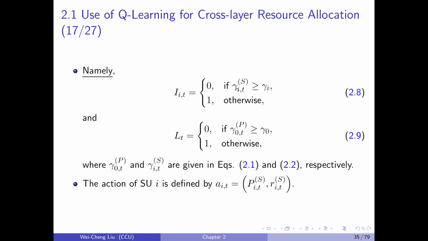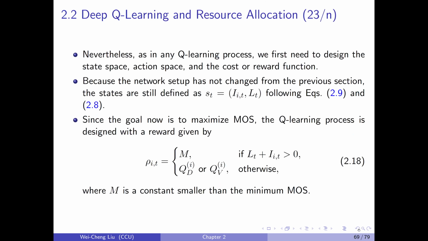It means that gamma_i^{t,S} is smaller than gamma_i, or gamma_0^{t,P} is smaller than gamma_0. This phenomenon we call outage: SINR is smaller than the threshold. So if at least one user is in outage, then L_t plus I_t is greater than 0, so we assign M to rho_i^t.